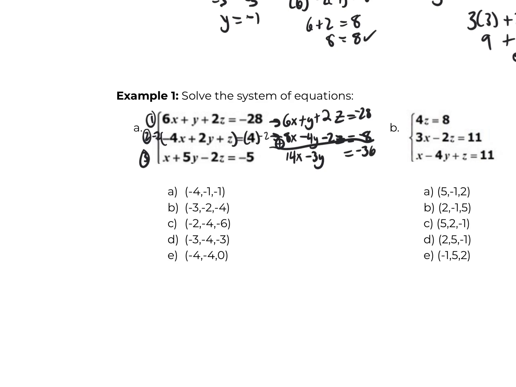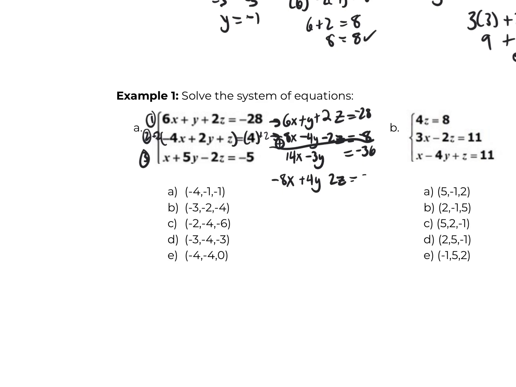So that's one equation. Now I'm going to do the same thing with equations 2 and 3, creating an opposite pair. This time I'm not going to multiply by negative 2, I'm going to multiply by positive 2. Positive 2 times negative 4x is negative 8x. Positive 2 times 2y is 4y. Positive 2 times z is 2z.